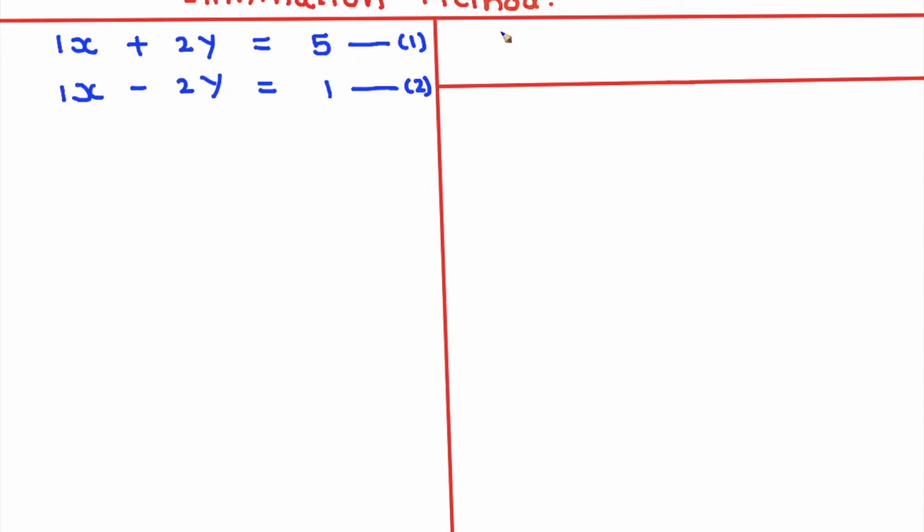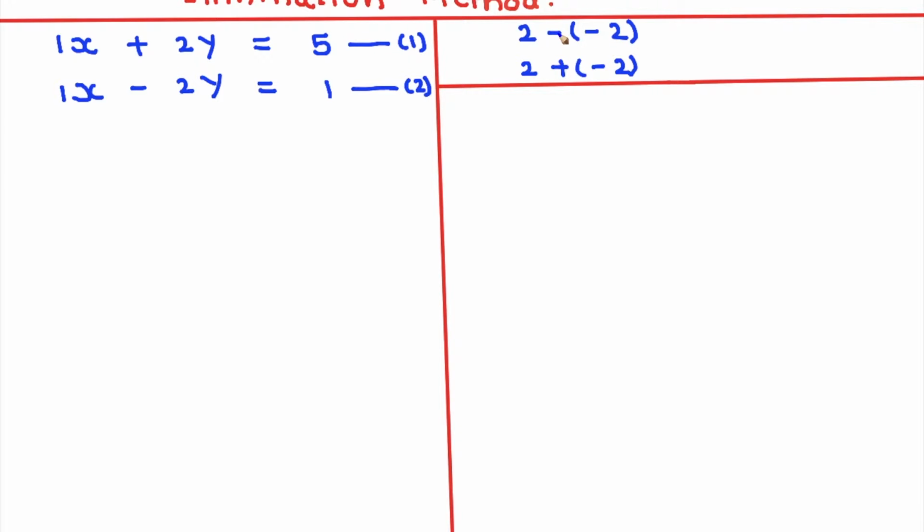Then the coefficient of y in the first equation is 2. In the second equation it's negative 2. Now which mathematical operation shall I do so as to cancel out this plus 2 and minus 2? Shall I subtract them or shall I add them?